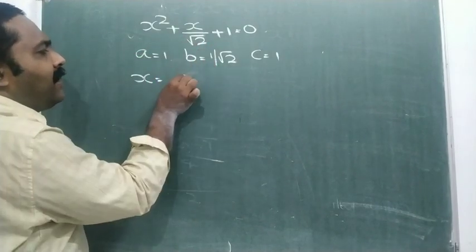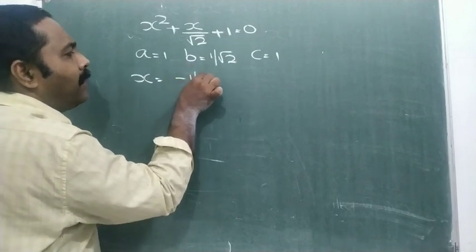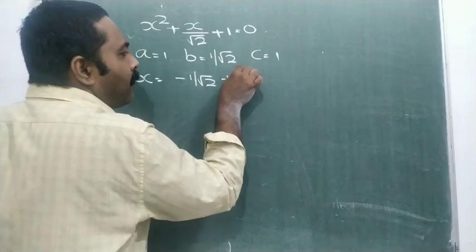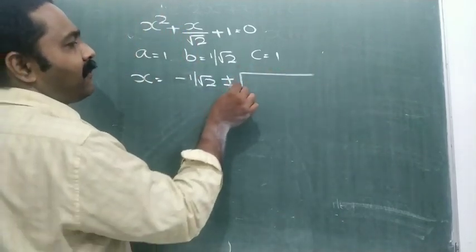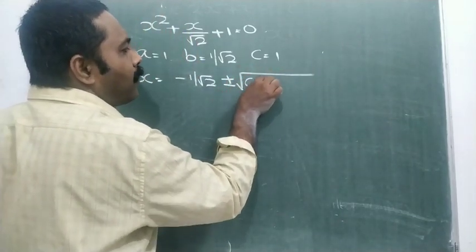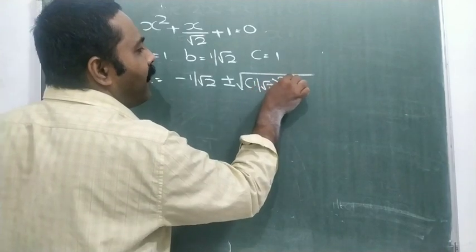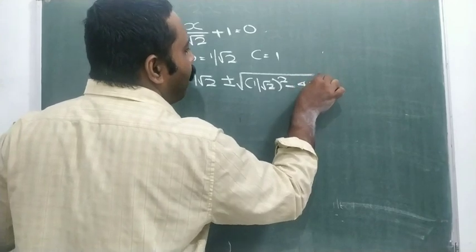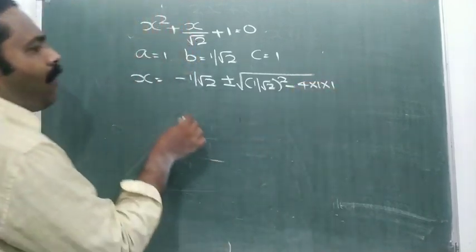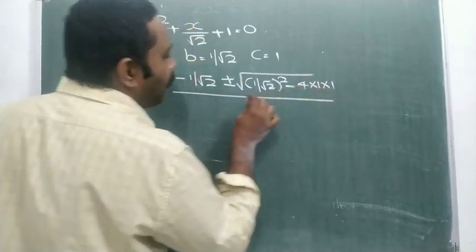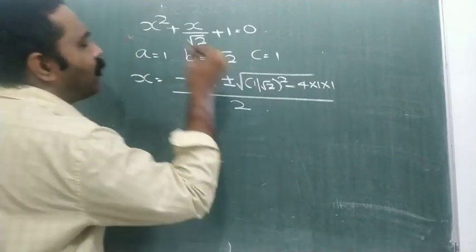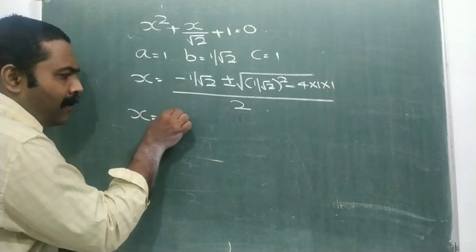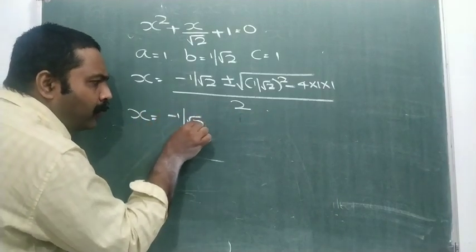Minus b is minus 1 by root 2 plus or minus root of b square, which is 1 by root 2 whole square, minus 4ac, which is 4 into 1 into 1, by 2a, which is 2. Clear?